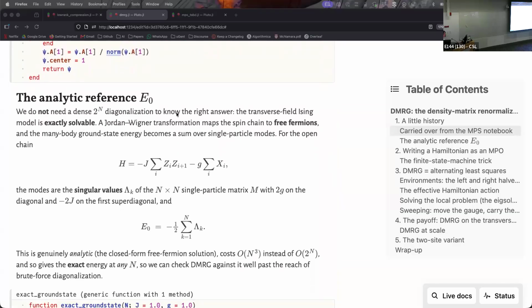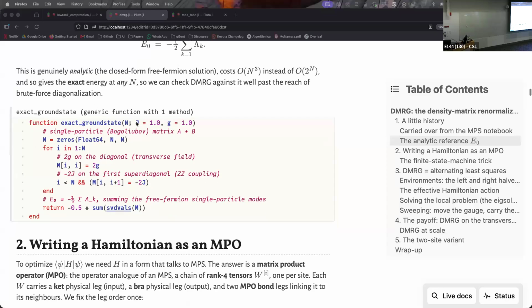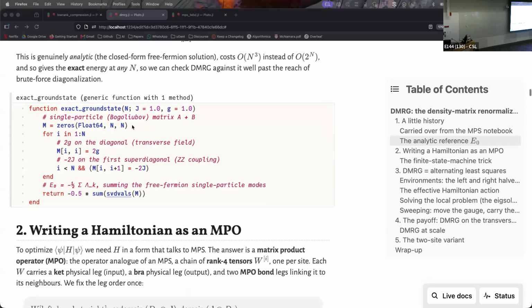One of the reasons why people like the Ising model is that you can map it to free fermions, and therefore there is an analytic solution for the ground state energy. I've included the way of computing this so that we have something to compare to at the very end, even for systems that are larger than ED can reach.